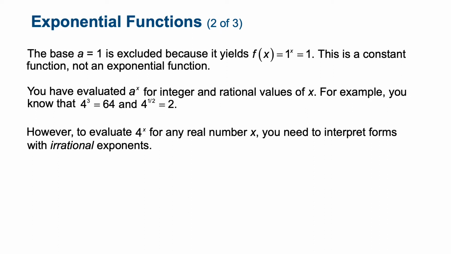Okay, so you have evaluated a^x for integer and rational values of x. You've done this before. For example, you know that 4^3 is 64, and you know that 4^(1/2) is the square root of 4, which is 2. However, if we want to be able to evaluate 4^x for any real number, we need to also include forms with irrational exponents.